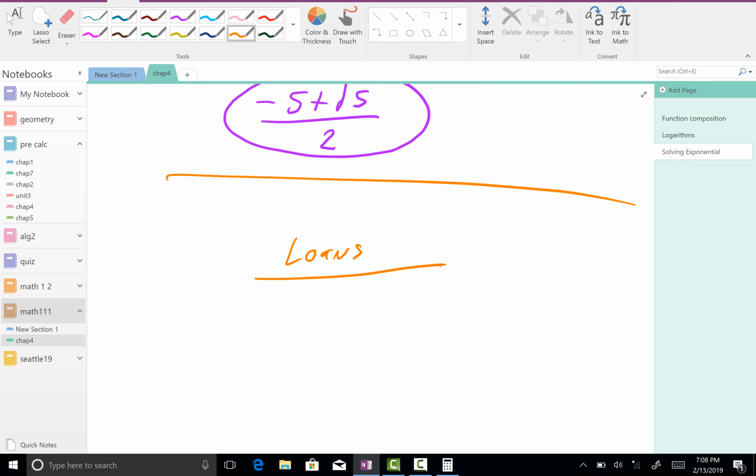Housing loans, of course, are amortization loans, which is a whole different ballgame. It's really hard to come up with how those things are really figured out.